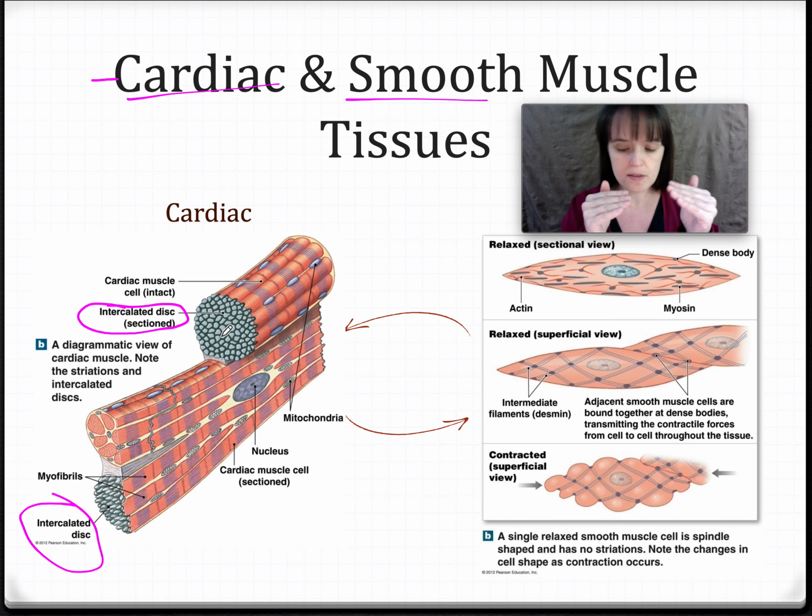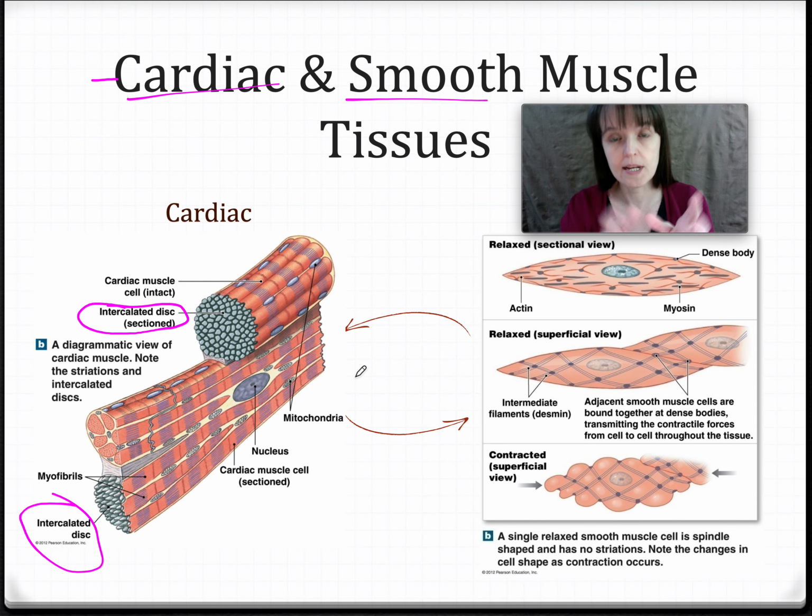They're where the sarcolemmas of the two cardiac muscle cells connect, and there are gaps in the intercalated discs that allow the ions that are the action potential to travel directly from cell to cell. And also the myofibrils are connected to it, so all the myofibrils are connected, which gives it added strength.